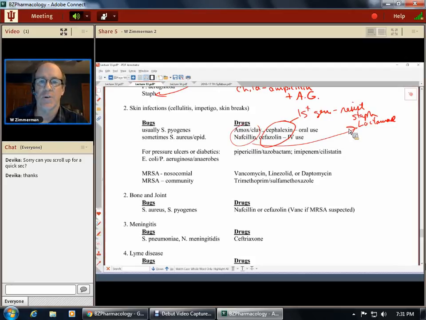Let's see, for pressure ulcers or for diabetics, you want to get some really broad coverage here. You want gram-positive, gram-negative, and you also want to catch the anaerobes. So piptazo or imipenem-cilastatin can be used.